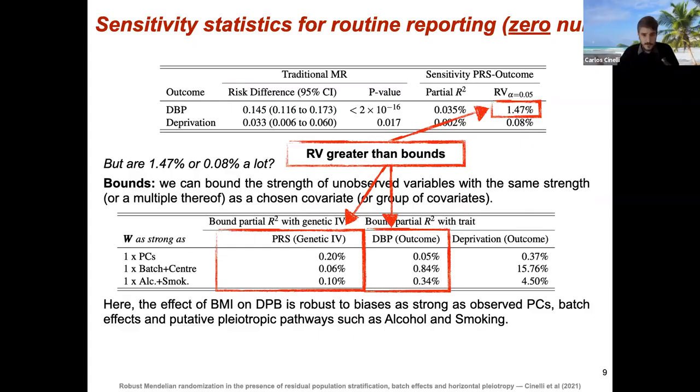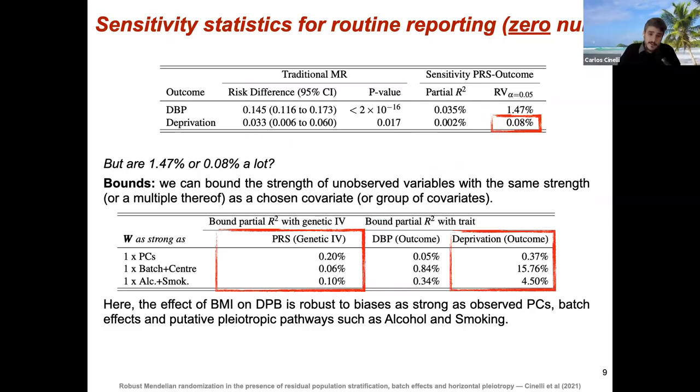So, for example, residual population structure as strong as observed principal components, or residual batch effects as strong as observed batch effects, or residual pleiotropic pathways as strong as alcohol and smoking, okay?